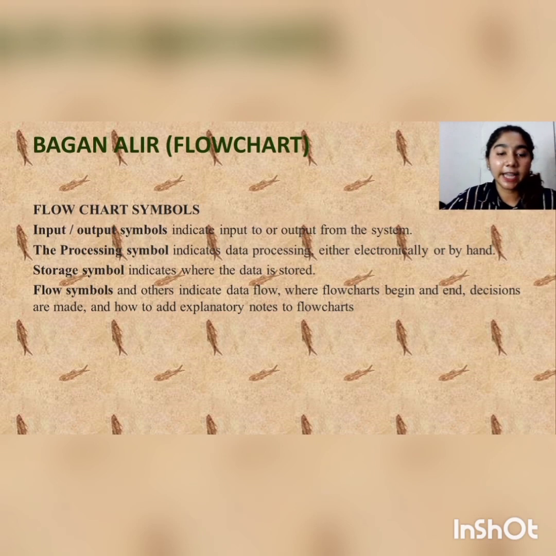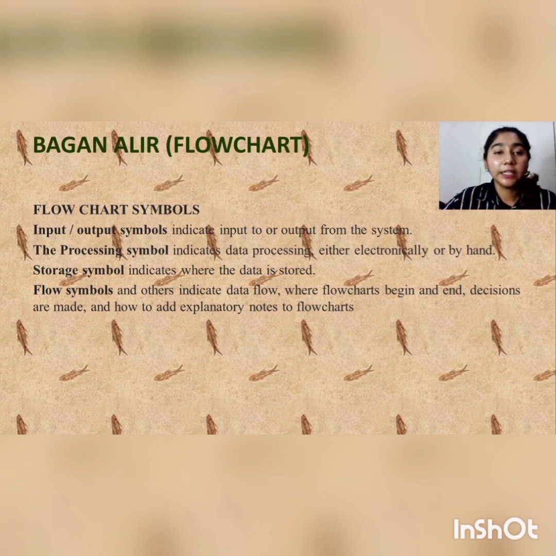A flowchart is a type of diagram that represents a workflow or process. A flowchart has 4 symbols. First, the input and output symbol indicates input to or output from the system. The processing symbol indicates data processing, either electronic or by hand.